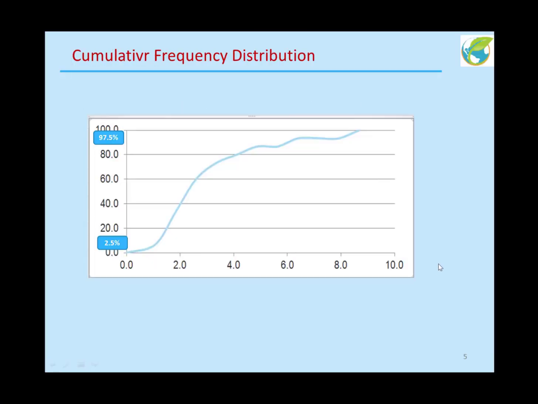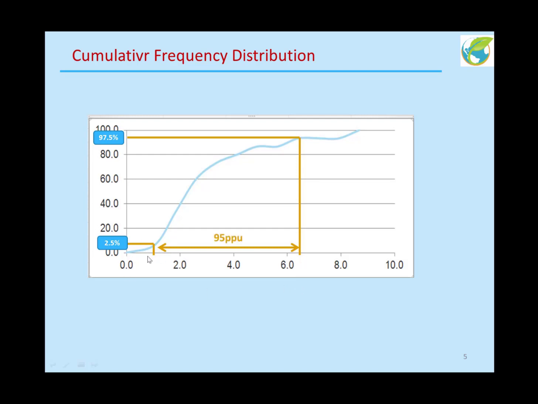And here is the same graph as my cumulative distribution from 0 to 100, and that's my flow interval. And now I need to calculate 2.5% and 97.5% to see what my flow is at these levels. And then here is my 95 PPU.